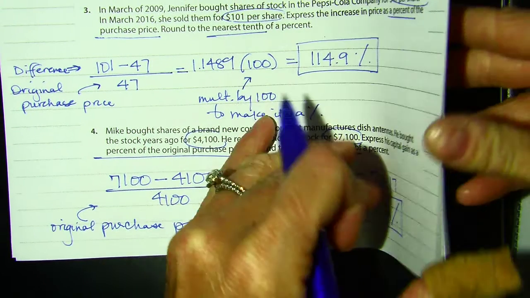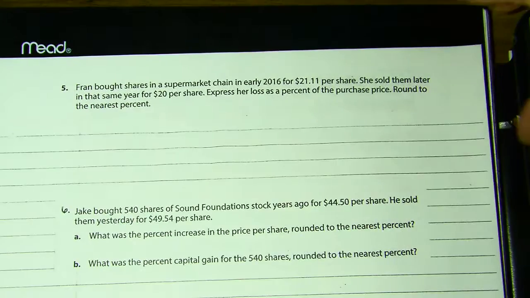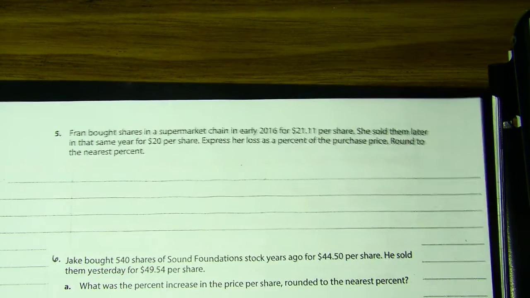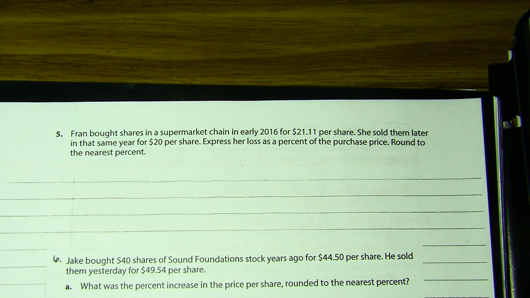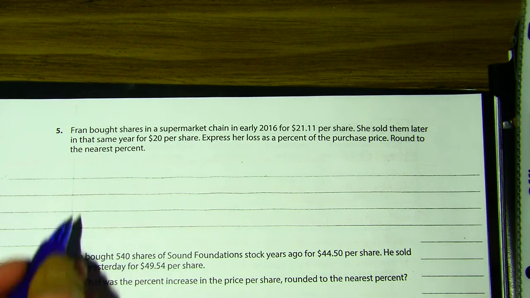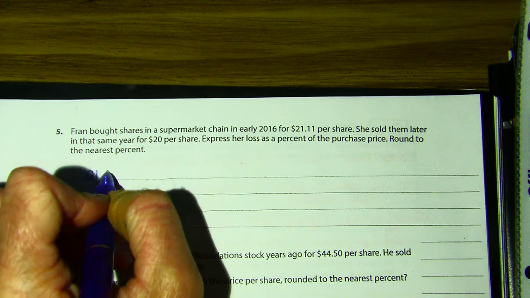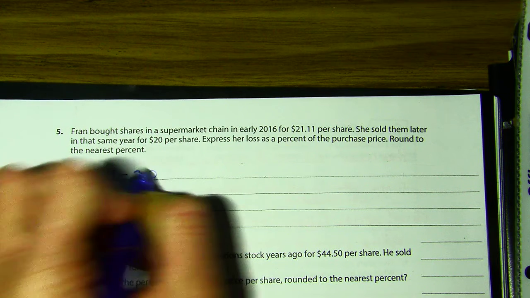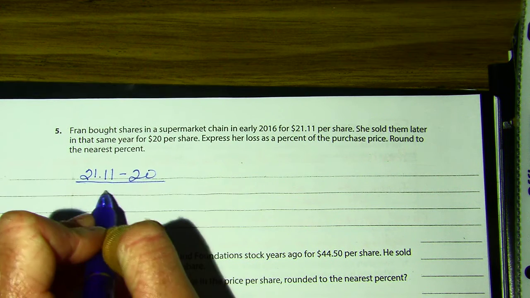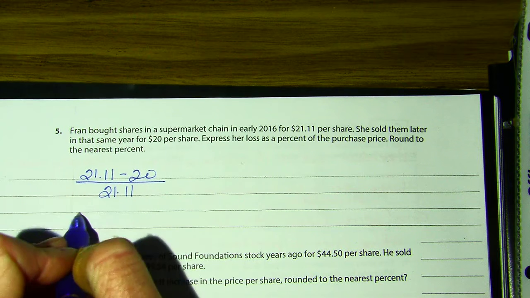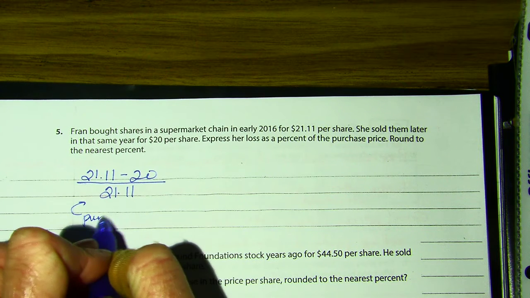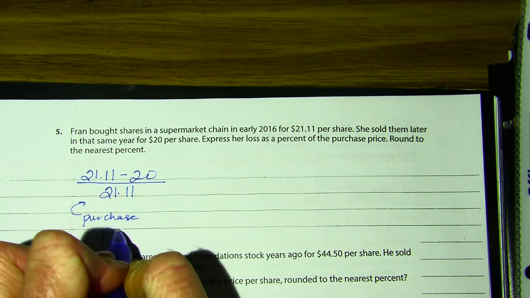Next one, we'll just do a couple more. Fran bought shares in a supermarket chain in early 2016 for $21.11. She sold them later for $20. Express her loss as a percent. So 21.11 minus $20. Remember, you find the difference. You divide it by, remember, your purchase price. That's what should always go at the bottom.